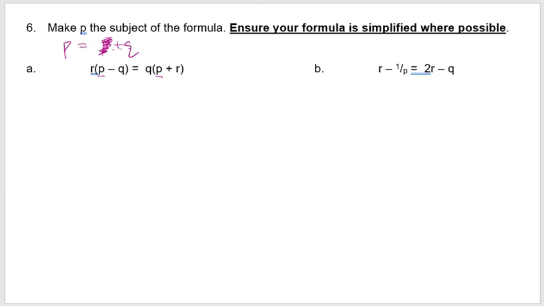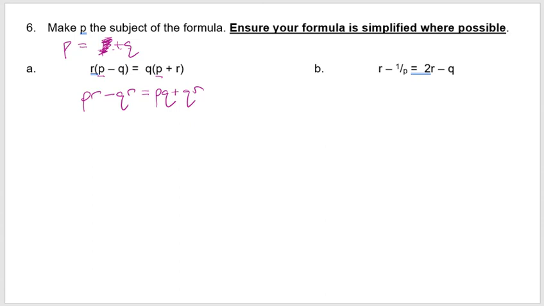It's not essential, but it does make it much easier when it comes to potential collecting later on. So r times p will give us PR. R times q with the negative is negative qr. Expanding the second brackets, q times p, pq, and q times r plus qr.